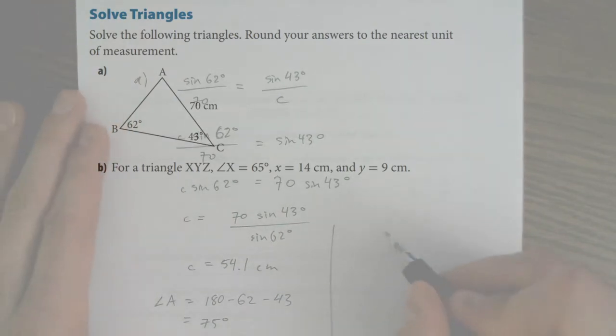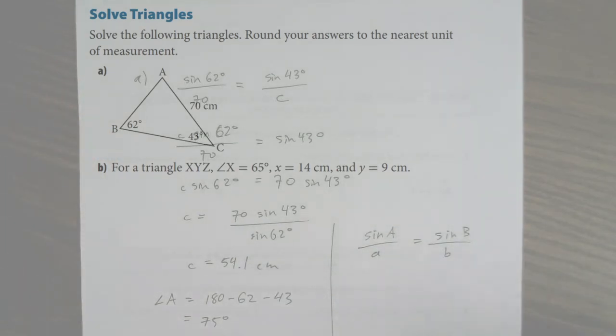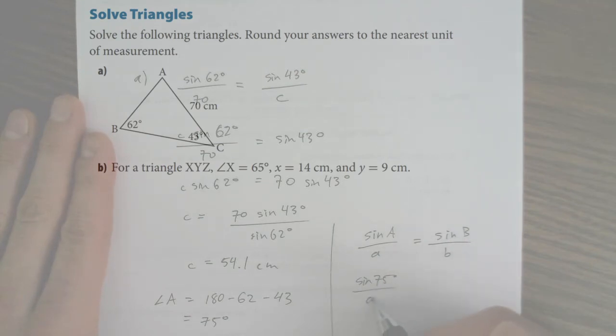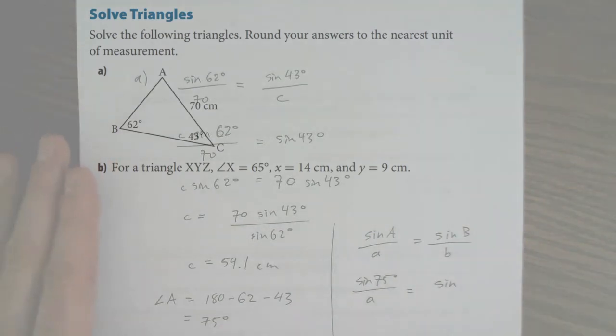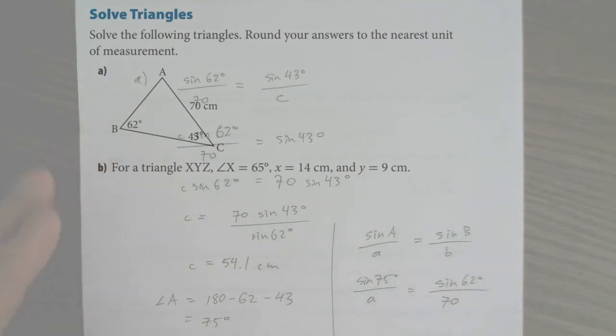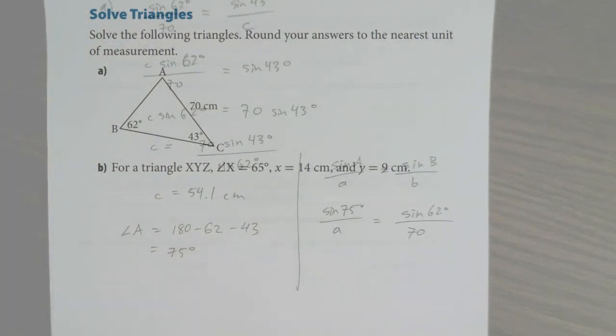So sine of A over A is equal to the sine of angle B over side B. So we can do sine 75 over A. We want to isolate for A. So I know I'm going to have to multiply both sides by A, and then I'm going to have to multiply both sides by 70.